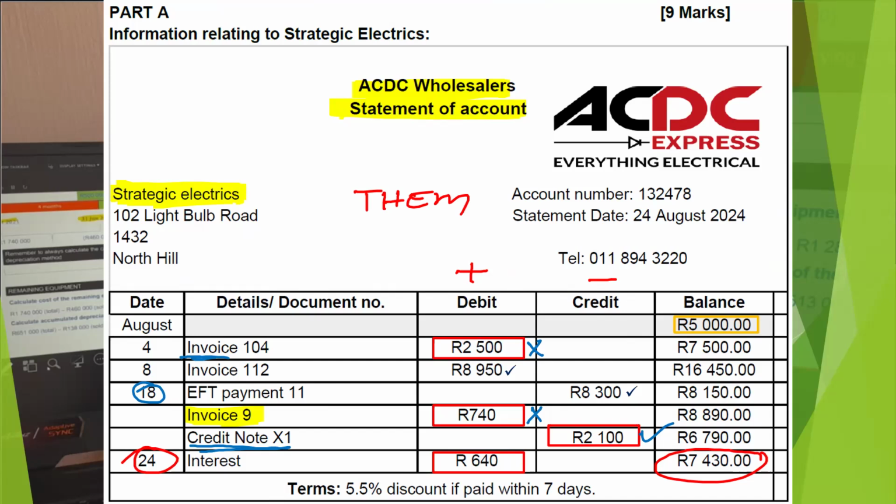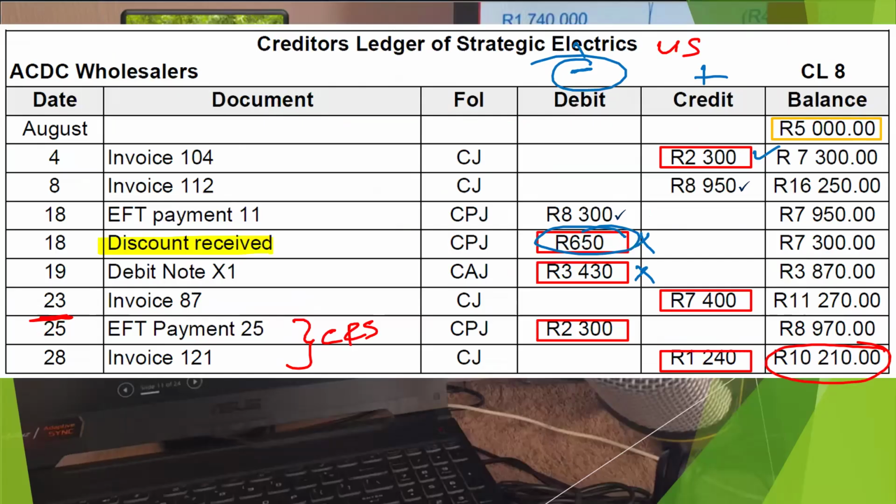So because it was an error from our side, we are simply going to accept these errors, which amount to 2,100. But we sent back goods that are worth 3,430. So why are they not authorizing or accepting the whole 3,430? It's because some of the goods returned might not have been wrong because of them.